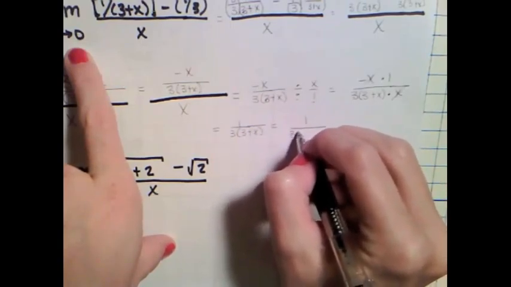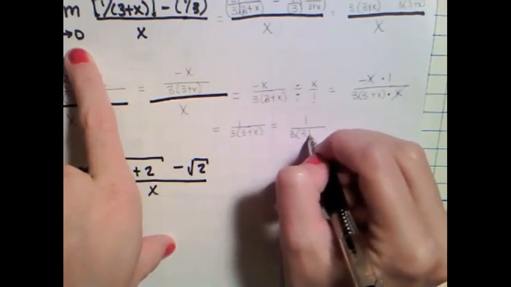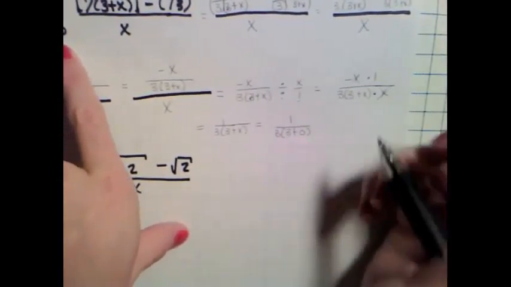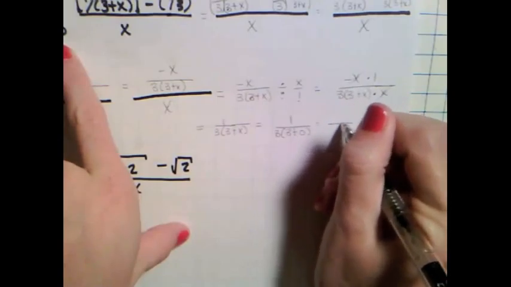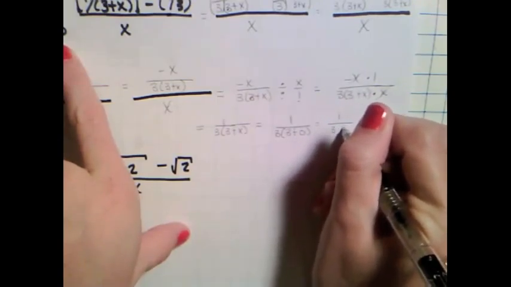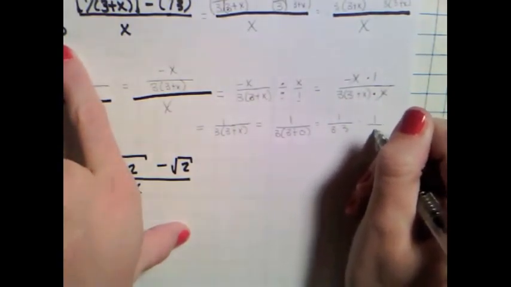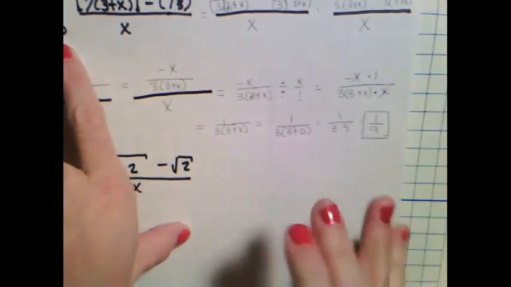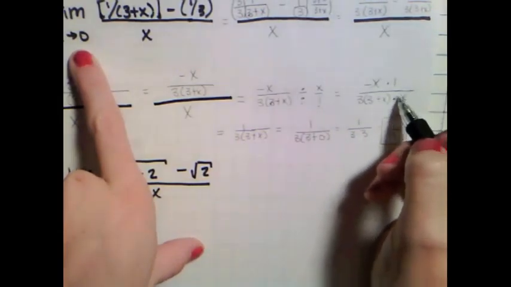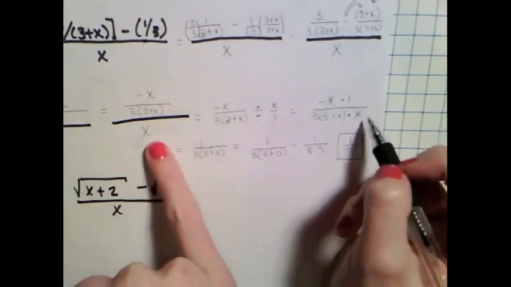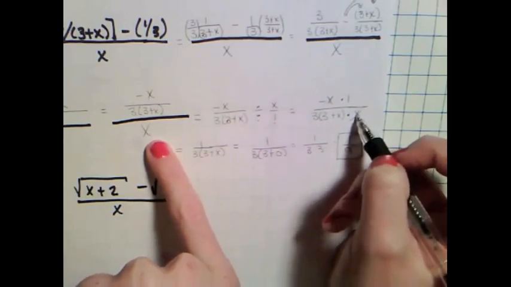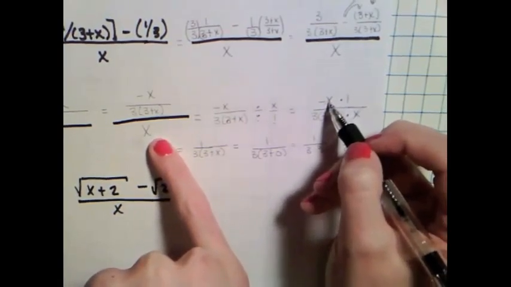We've got 1 over 3 times 3 plus x. Instead of x, I'm going to write a 0 there. So this is 1 over 3 times 3, or 1 over 9. Now when I look back here, I see that I canceled out that x, but notice the x in the denominator is a positive x, and this is a negative x.